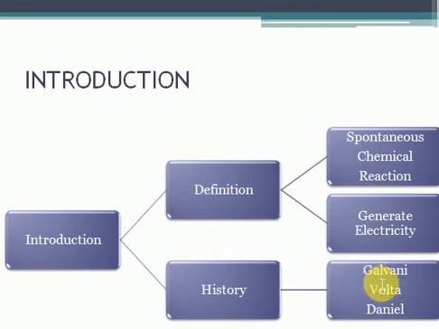In history, we will discuss Galvani, Volta and Daniel, who are the three scientists related to this. In definition, we will discuss that in galvanic cell, a spontaneous chemical reaction takes place and that generates electricity.